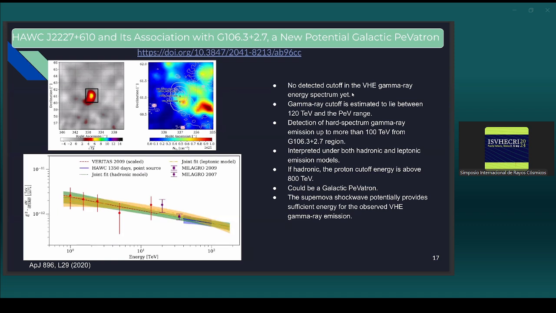And concerning this region, we checked whether this emission was generated by the pulsars here in this region or by the supernova remnant.